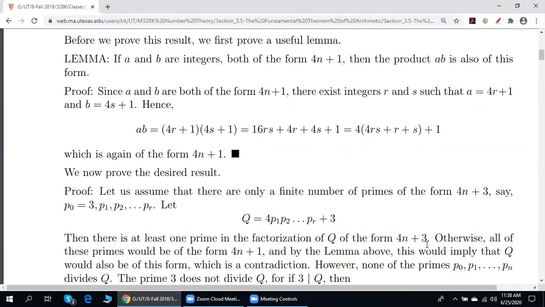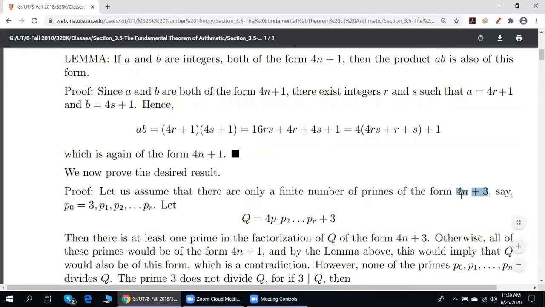Let us denote the first prime number, which can be written as 4n plus 3, by p0. The first prime number of this form is, of course, 3. So p0 is 3, and then we have p1, p2, and so on, pr. All these numbers are prime numbers of the form 4n plus 3.